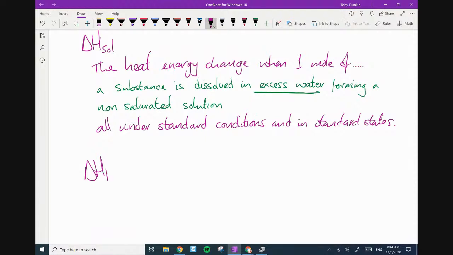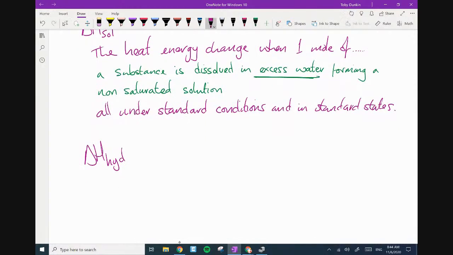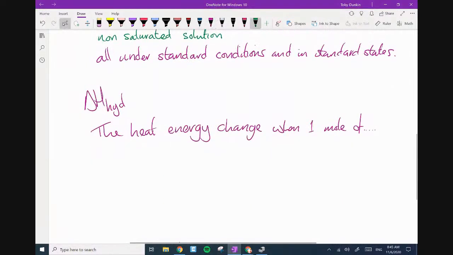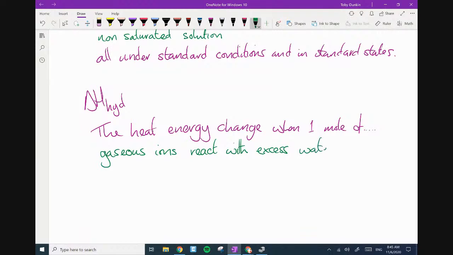Enthalpy of hydration: the heat energy change when 1 mole of gaseous ions react with excess water to form aqueous ions.